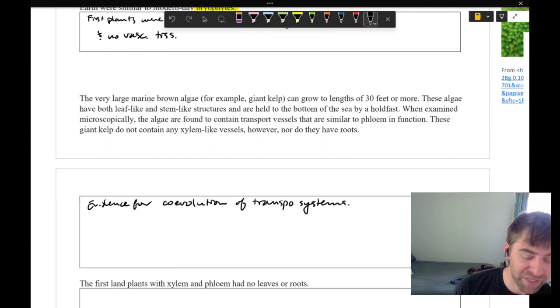In the ocean, a food transport system evolved, phloem, and this allowed organisms such as giant kelp to evolve. With efficient food transport systems, photosynthetic parts of the plant that were nearer to the surface of the water were able to supply food to non-photosynthetic parts, which were not exposed to sufficient light energy.